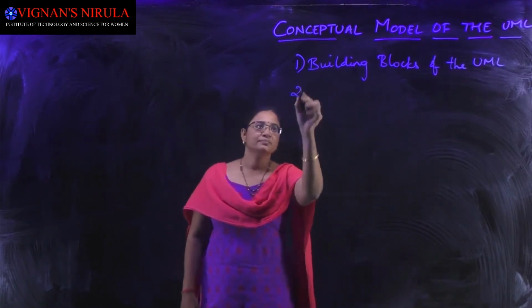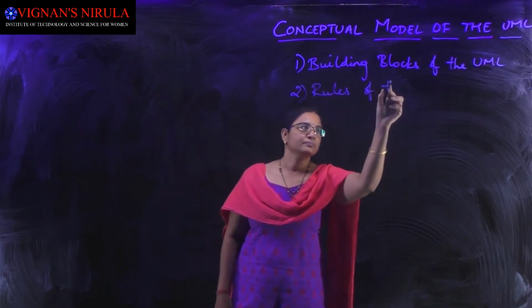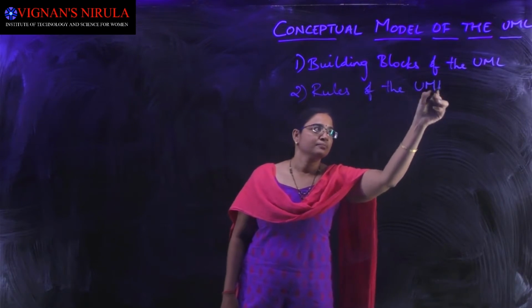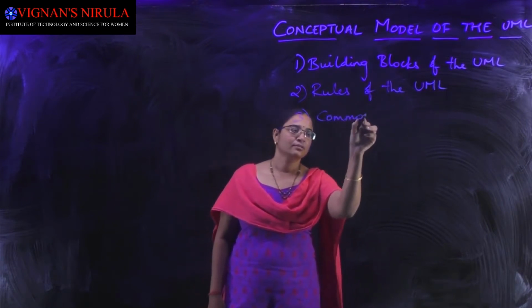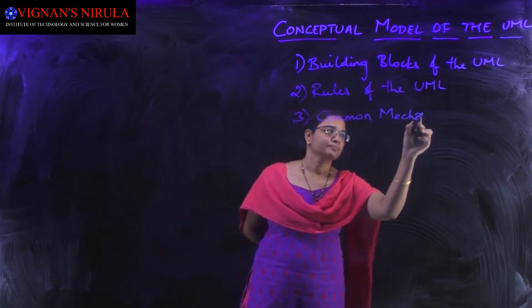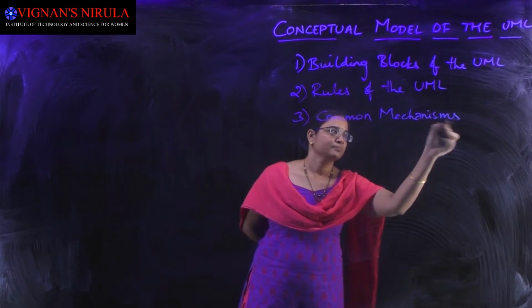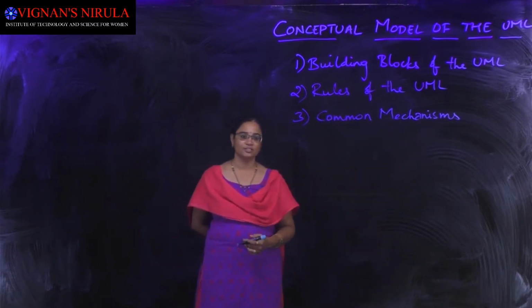Second one is rules of the UML. And third one is common mechanisms. So, these are the three important topics which we are going to discuss right now.